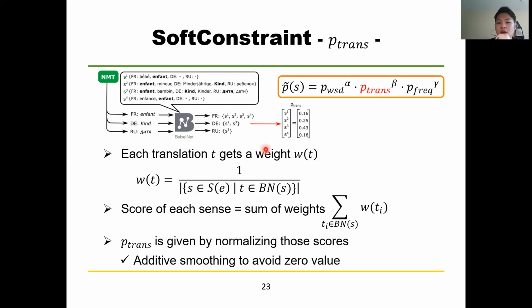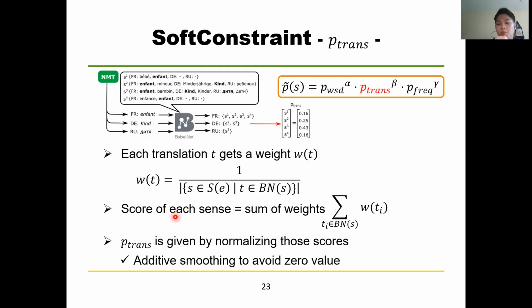So this formula represents the discrimination power of the given translation. If the given translation is mapped to fewer senses, in other words, if the given translation reduces the senses more, then we assign more weight to the translation. So in this case, the Russian translation will get the highest weight.